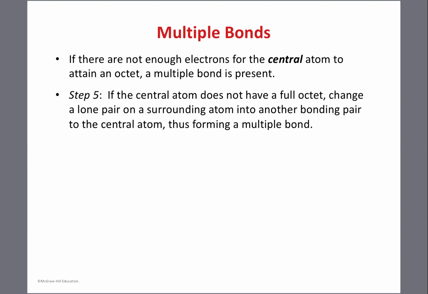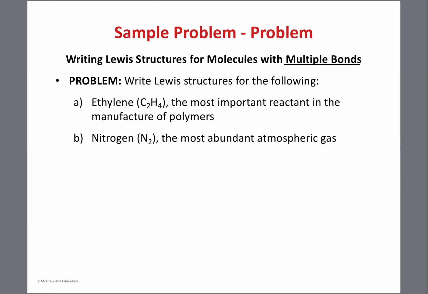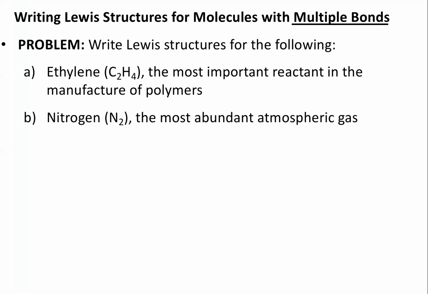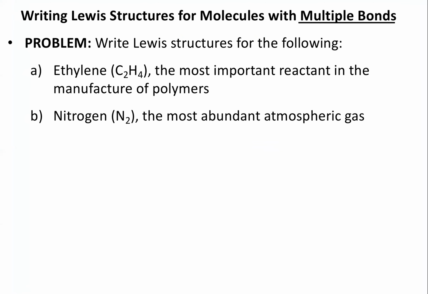So let's take an example of one of these questions. Let's think about writing a Lewis dot structure for ethylene, which is this molecular formula. It's an important reactant to make polymers. We can also talk about nitrogen here in a second. But let's write Lewis dot structures for these. If I'm looking at ethylene, I say, okay, carbon and hydrogen.